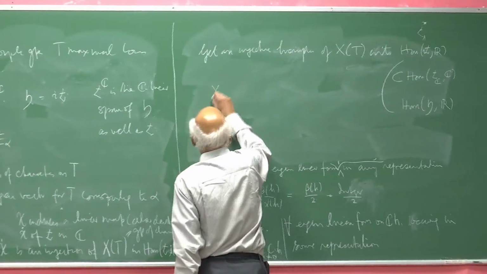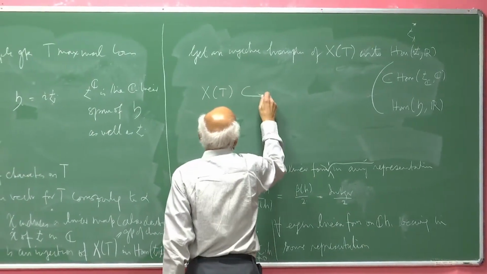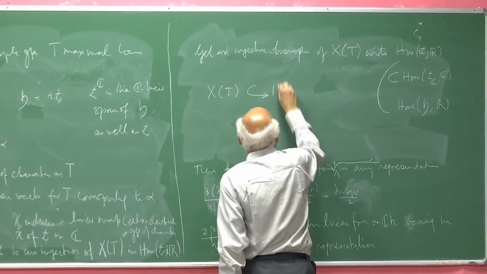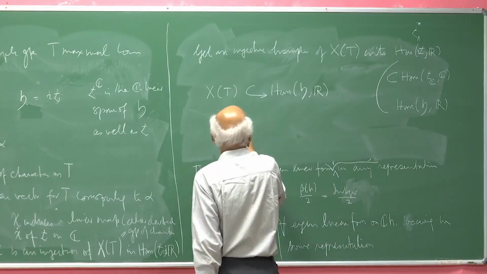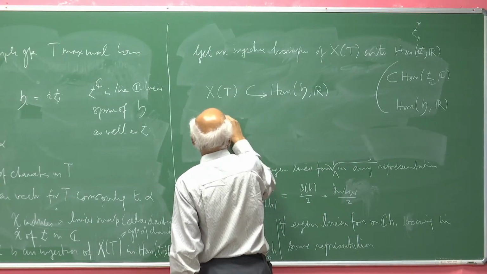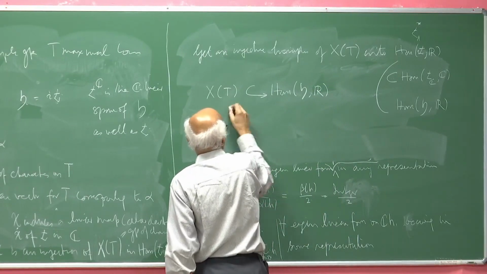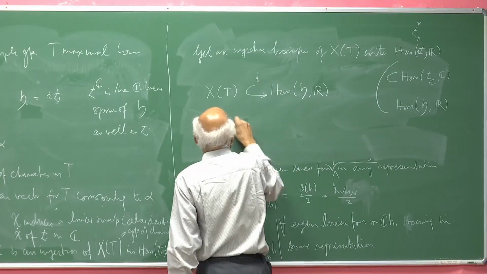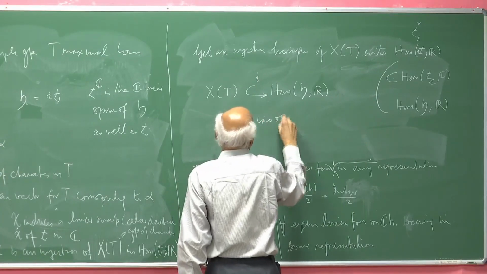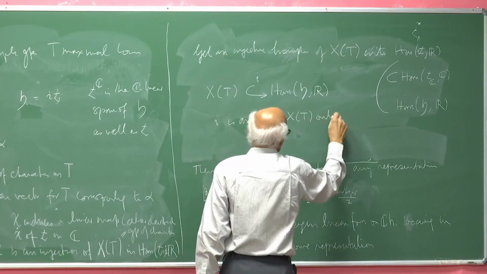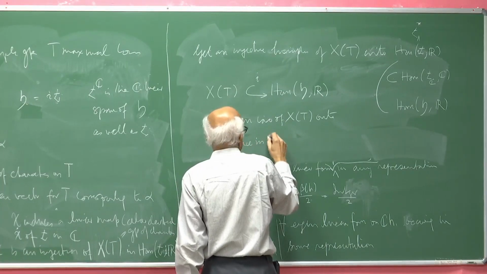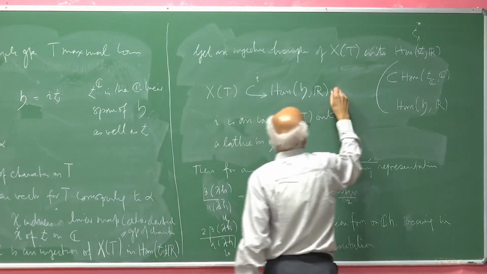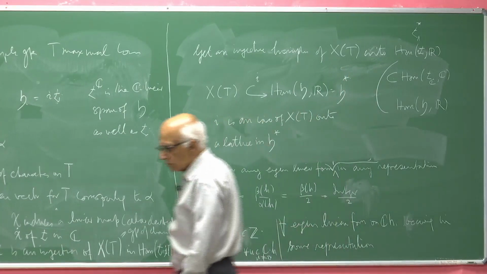So one has an actual identification of XT with Hom(H, R), and in fact this is an isomorphism of XT onto a lattice XR in H star, a lattice in the vector space.